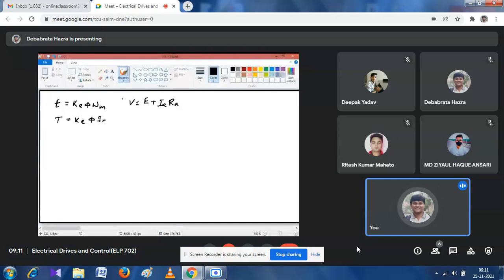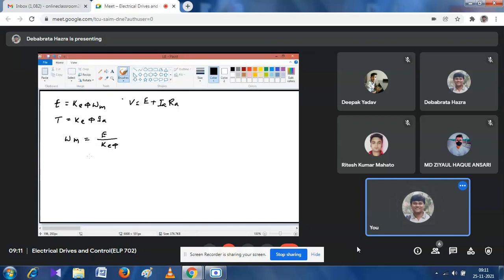From these three equations, we can derive omega m is equal to E by Ke phi.